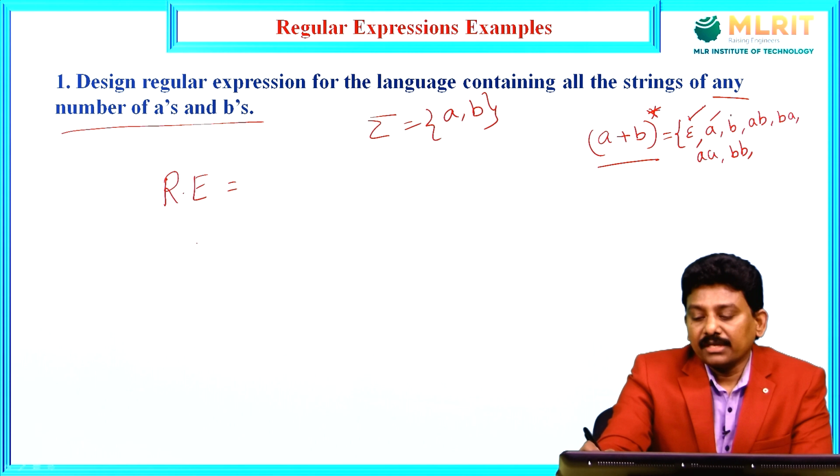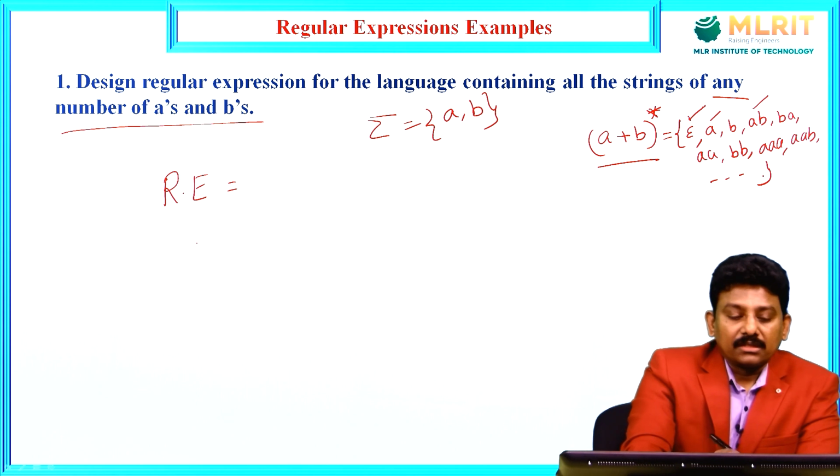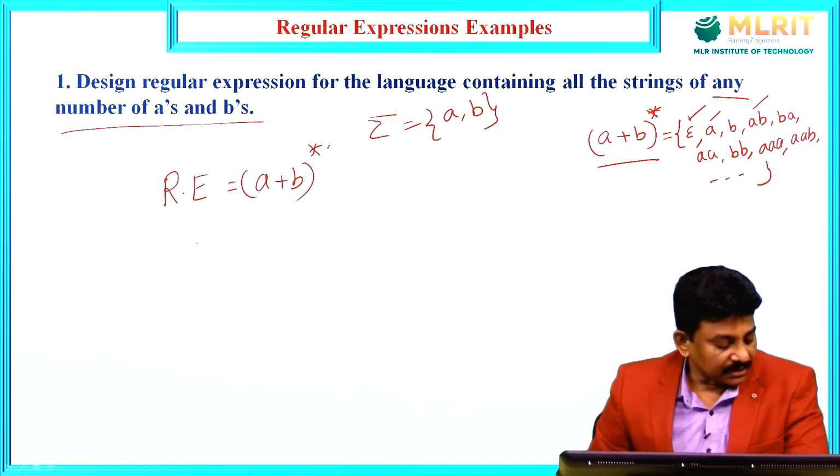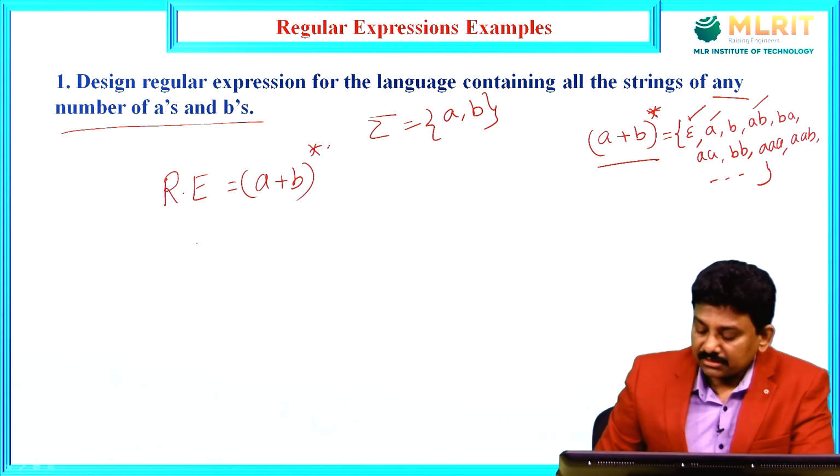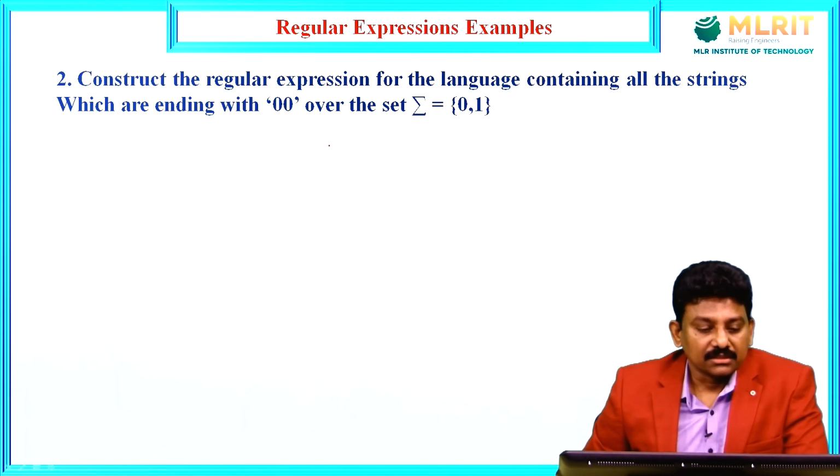Maybe 1 A, maybe length 2 AB, BA, AA, BB, or length 3, that is AAA, AAB, and so on. So, the regular expression for the given question is A plus B whole star. Next, A plus B means A or B. A plus B whole star means combination of A and B, even a null string.